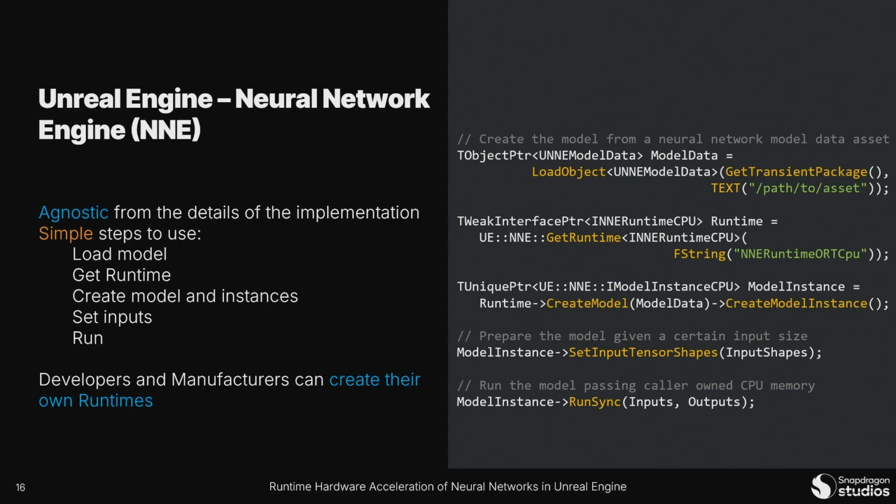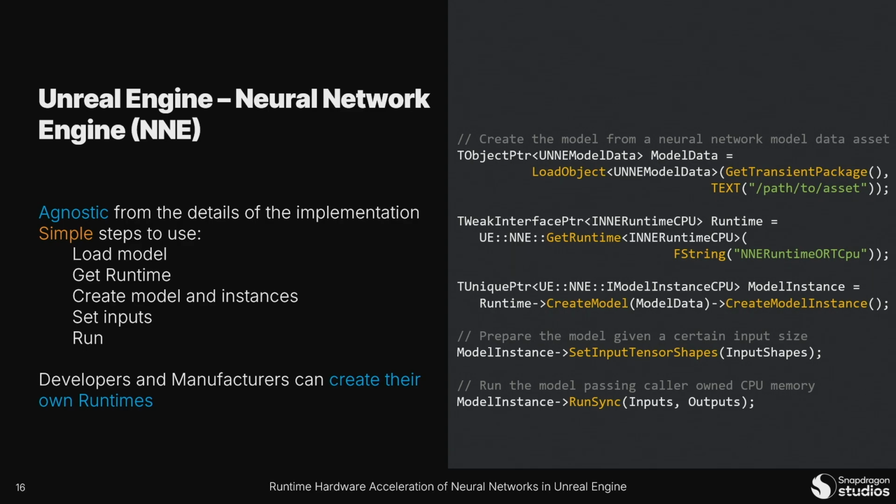And finally, you have that model ready to run with that single instruction, run sync. You might notice that here are a couple of variables, input and output, and those are NNE structs that have pointers into the input data and pointers into the output data. That is to prevent copy. So probably when you have your custom implementation, you will certainly use this set of instructions and some custom manipulation for the data. That is the only difference.